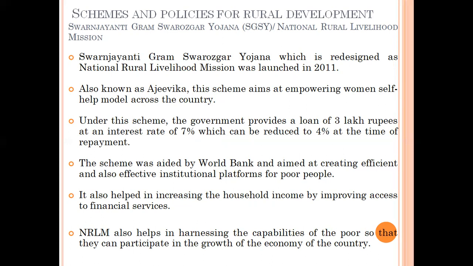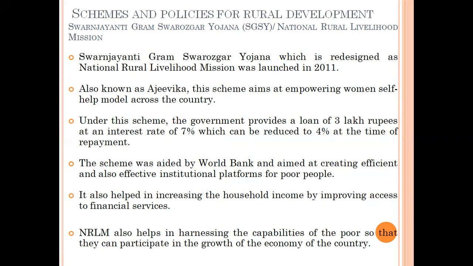And finally, it was merged with Deen Dayal Upadhyaya Antyodaya Yojana. Okay. So under this scheme, the government provides a loan of 3 lakh rupees at an interest rate of 7%, which can be reduced to 4% at the time of repayment.